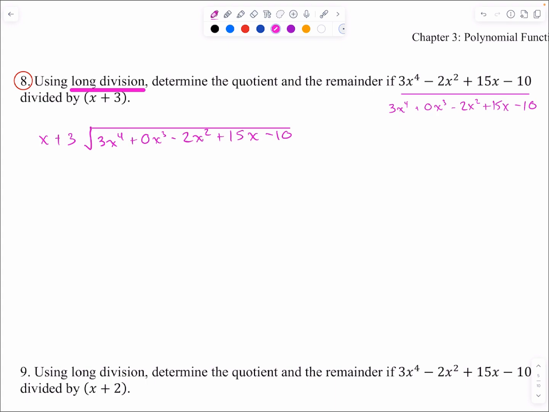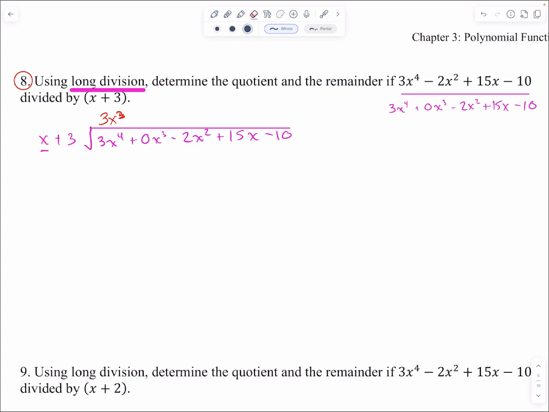Okay, so the first step. We want to take this x term. What do we have to multiply this x term by to get to 3x to the 4? That number will be 3x squared. 3x squared times x, 3x cubed, my apologies, 3x cubed times x will give me 3x to the 4.